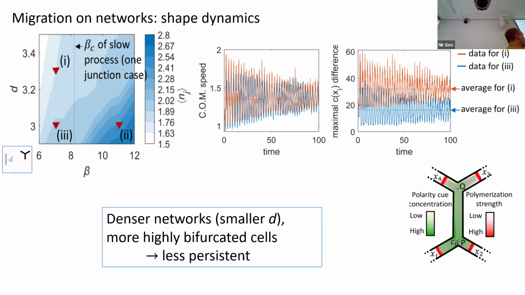So with more competitors, you get more of a uniform distribution of this inhibitor, and you are less able to polarize it all in one direction, right? In 1D, it's the easiest because you have one competitor who won, one who lost, and the loser gets all of this inhibitor, and therefore the difference is maximum. So the more these cells are bifurcated, the less persistent they are.